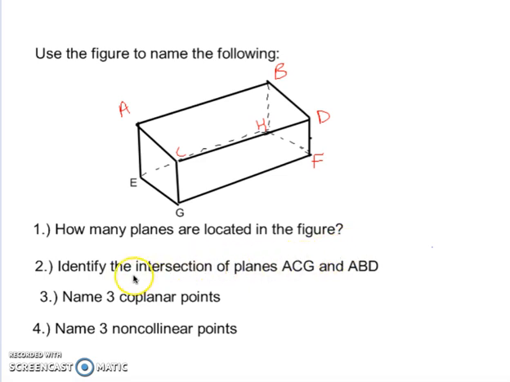The next question is, you need to identify the intersection of planes A, C, G, and A, B, D. Where is the intersection of planes A, C, G, and A, B, D?